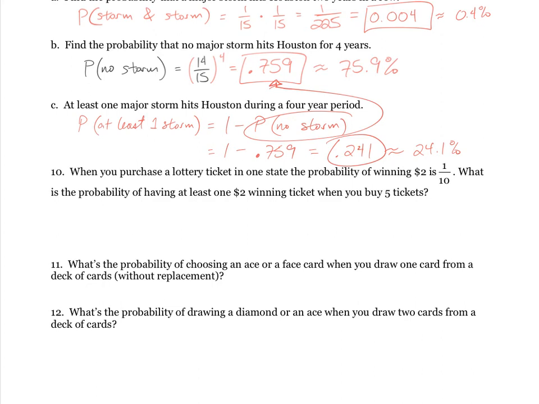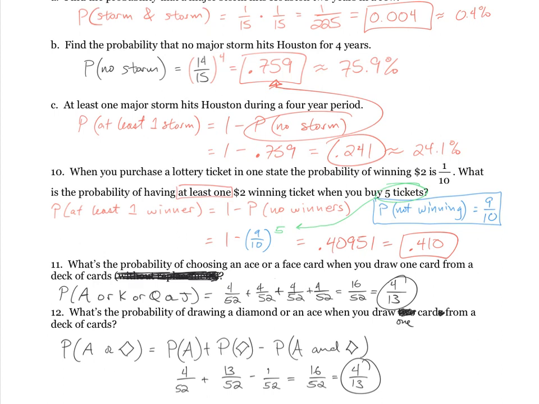These last 3 examples here, I'm just going to throw up some answers and talk my way through them. So very quickly, these last 3. When you purchase a lottery ticket in one state, the probability of winning $2 is 1 in 10. What is the probability of having at least one $2 winning ticket when you buy 5 tickets? So first we start out with this equation here.